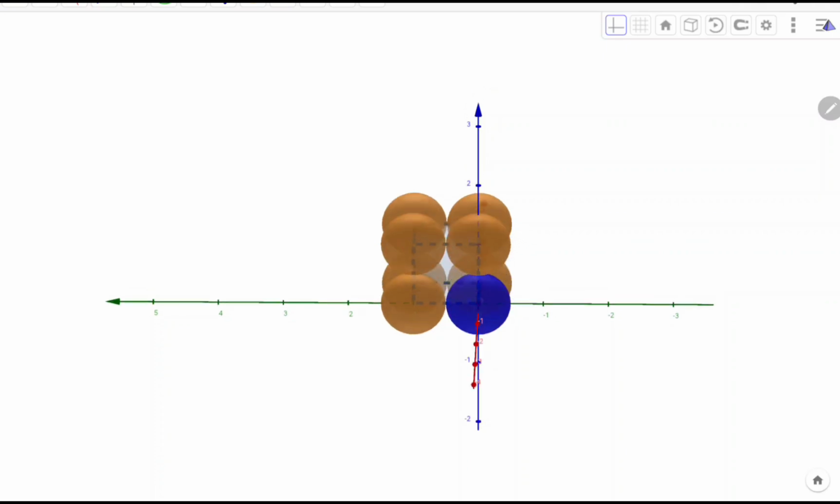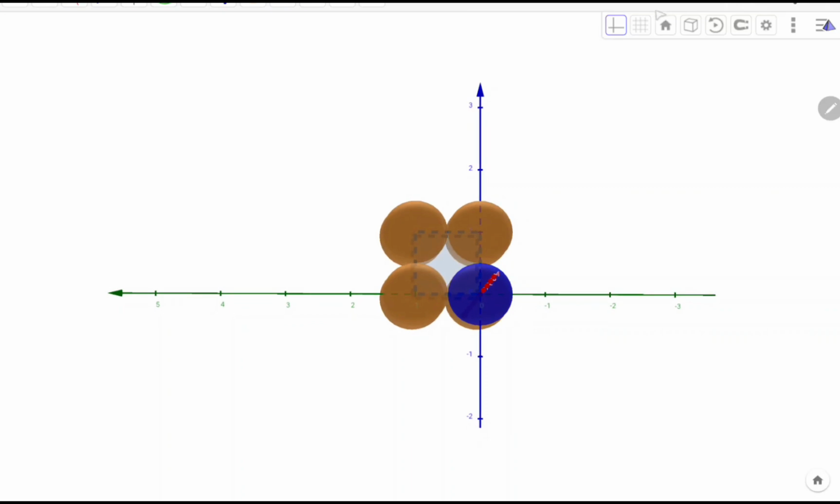So this is a, this is a, and this is r, and this is r. In this case, a is equal to 2r, or in other words, r is equal to a over 2.